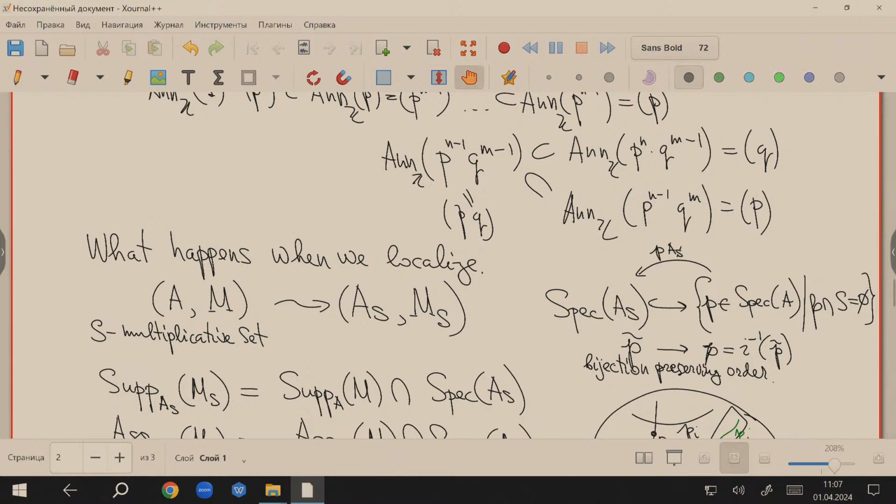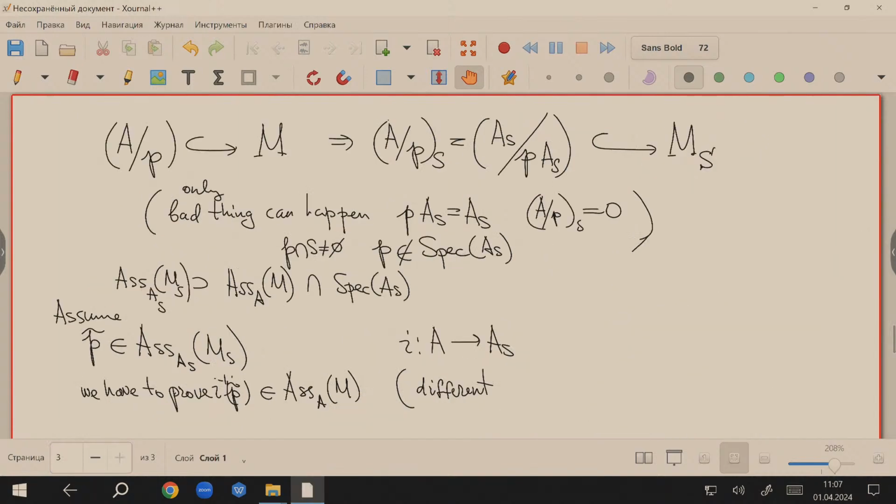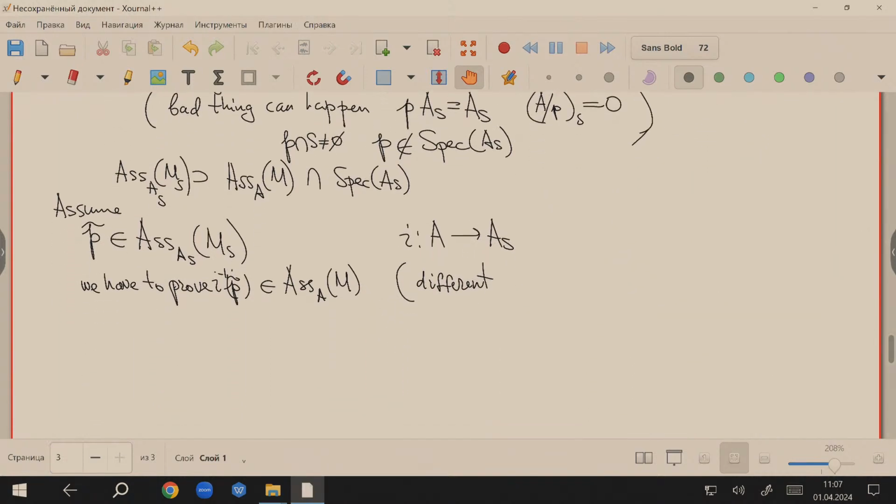So notice that different ideals correspond to different ideals on this map, and so you have to prove only that this is a subset of associated primes.